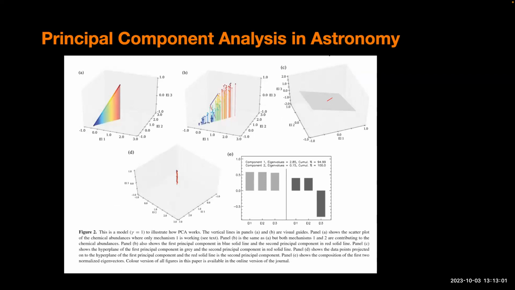So if you assume there are only 3 types of supernova, then you would expect the data to form a low dimensional manifold. So let's say if you have only 1 type of supernova, they always give you the same relative ratio. Then as more supernovae happen, you only move in 1 direction.